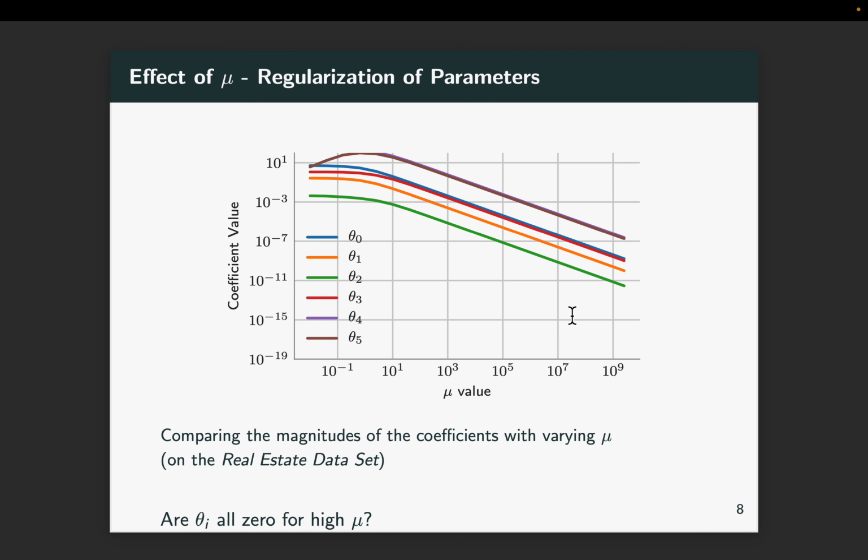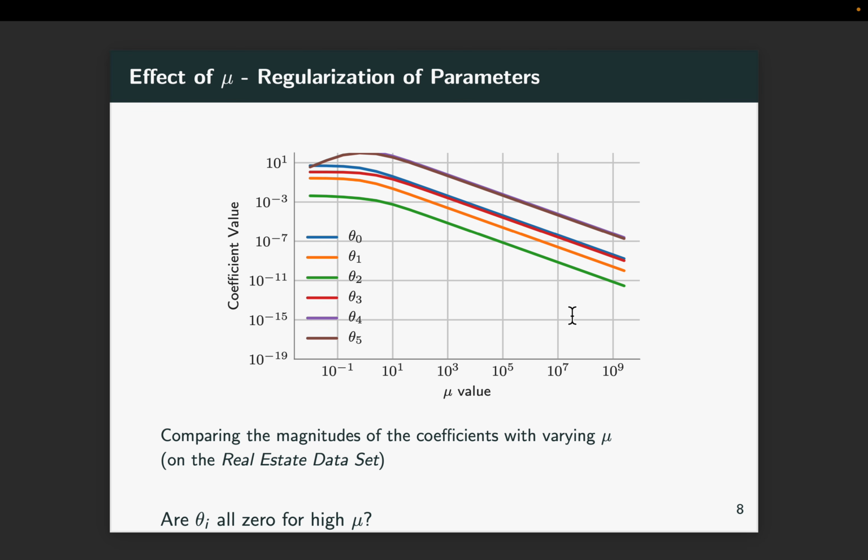We have a lot of precision, but not infinite. Sorry, we have infinite precision. We will see this specifically when we study lasso, which is the L1 regularized linear regression. As you increase the mu value, the coefficient values will keep getting smaller and smaller, but not exactly touch 0.